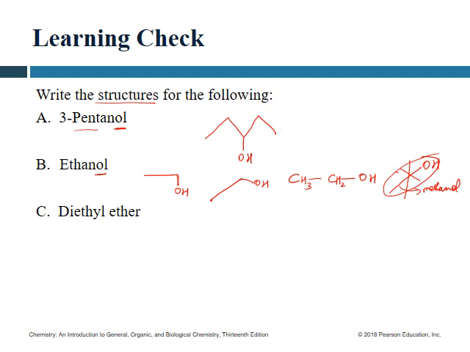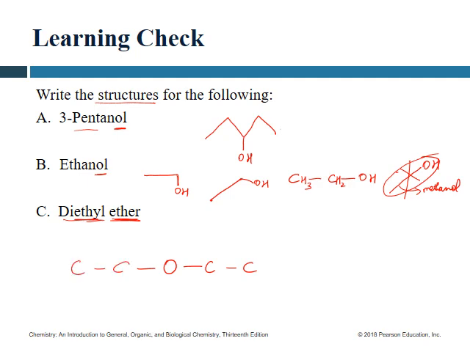Right, next we have diethyl ether. From the far right, it tells me it's an ether, meaning this is O with 2 alkyl groups. What are the alkyl groups? Diethyl, meaning 2 ethyl groups. Eth means 2 carbons, so on both sides I have 2-carbon groups. Carbon, carbon.